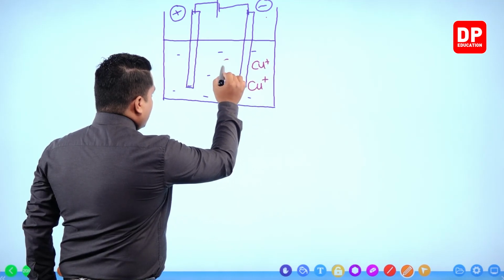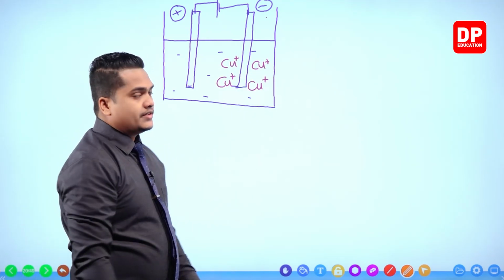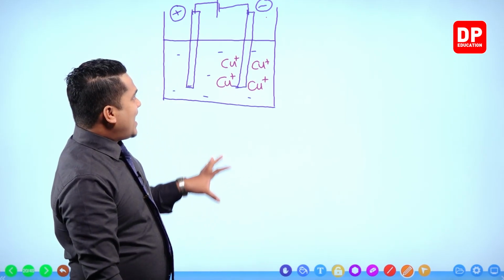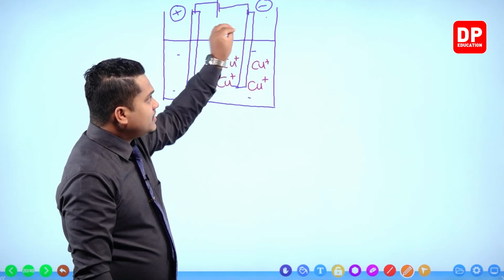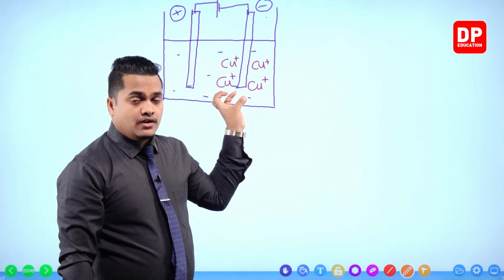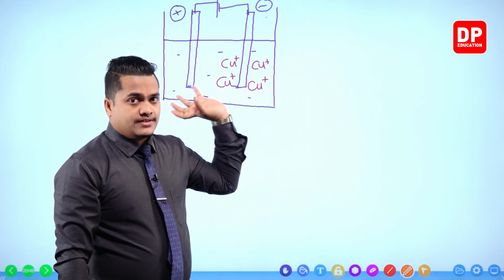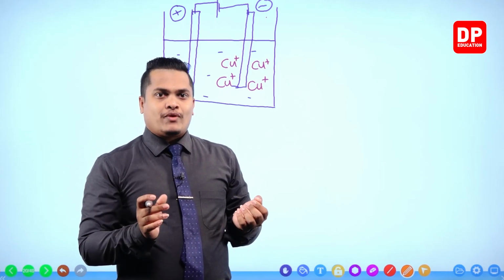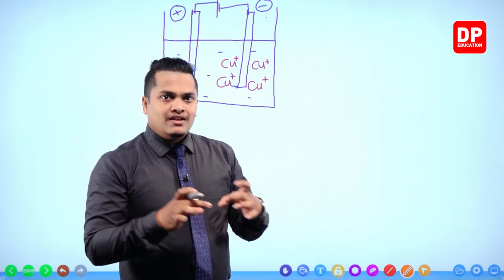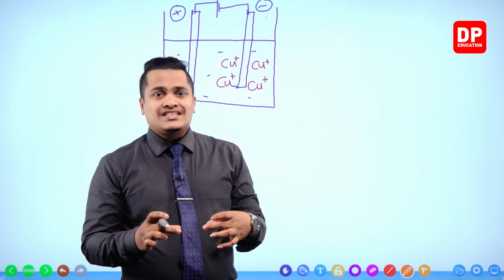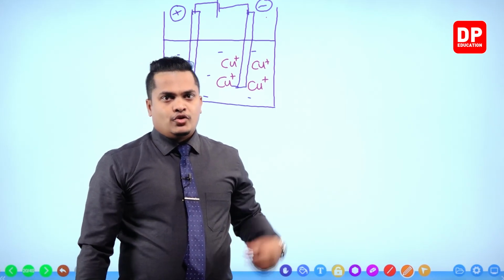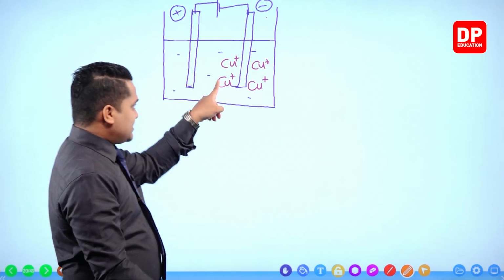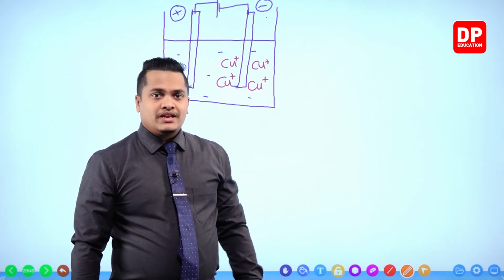If copper has a positive charge, then that positively charged copper is attracted towards the negative terminal of the system. Why is that? Opposite charges attract, like a magnet attracting a north pole to a south pole. Plus and minus attract. Copper plus is attracted to the minus terminal in the system.